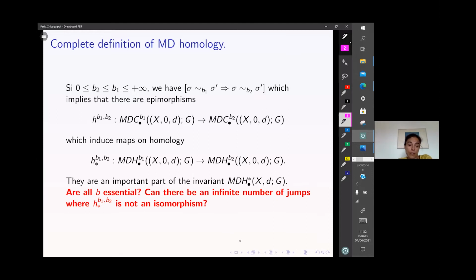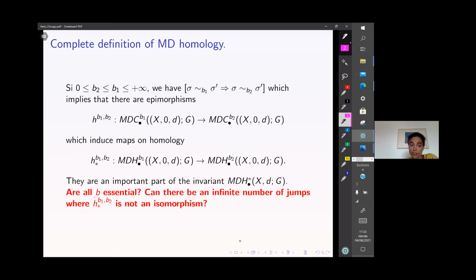So, a natural question: are all the speeds essential? Recall that we are working with subanalytic germs, so they are rigid. So maybe we can expect the number of b's to be finite. Or can there be an infinite number of jumps?